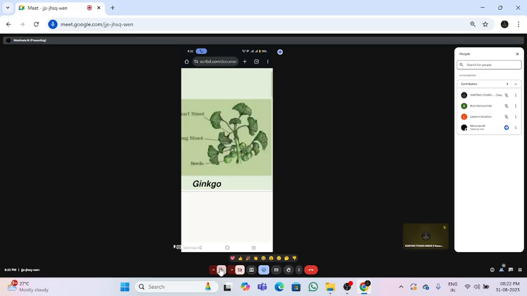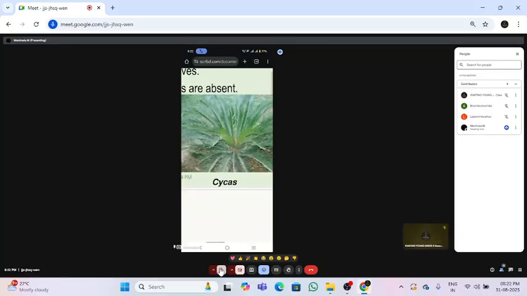Mostly these plants are distributed throughout the world. Everywhere it is present. Some are a single genus or species, and some are a group. And about the cycas, this is the cycas plant.